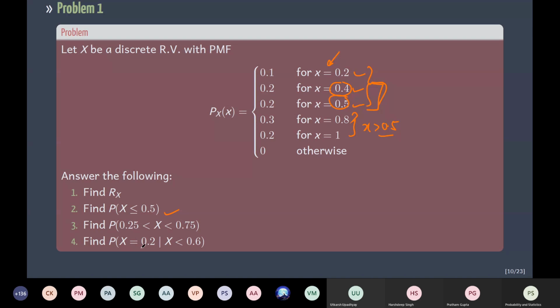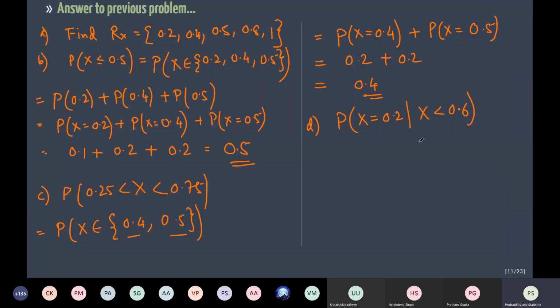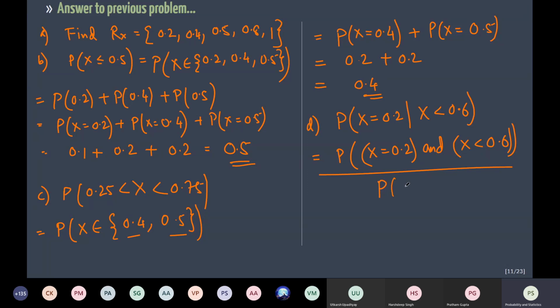We apply the definition of conditional probability: the probability that x is equal to 0.2 and x is less than 0.6, where the intersection is the 'and', divided by the probability that x is less than 0.6.